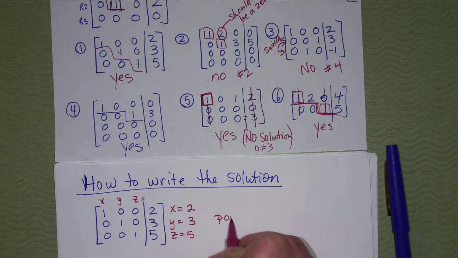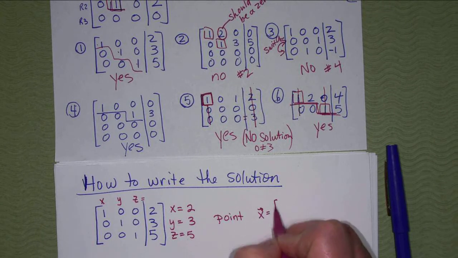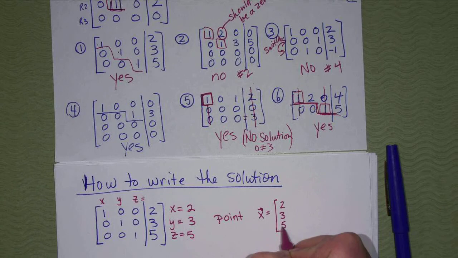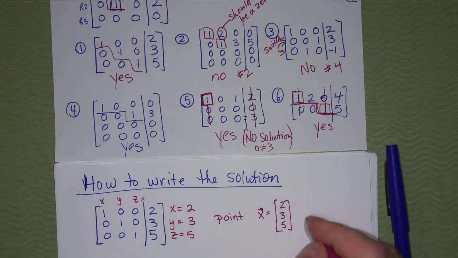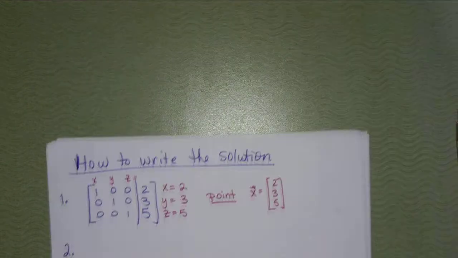And we can write the point in vector form. Okay. So this is a point. Okay, number 2.